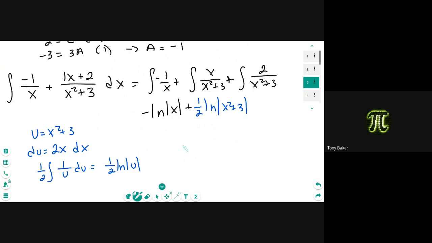This one right here, you have to use that tangent rule.